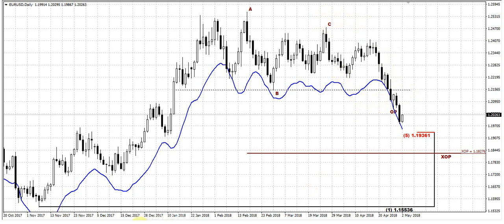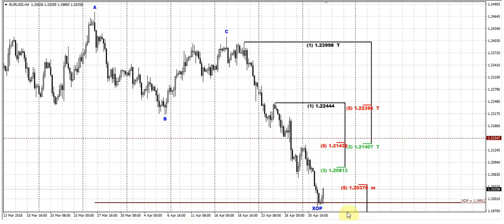On the intraday charts, guys, we right now have, like a nested doll, some similar patterns, but of a smaller scale. So take a look at the 4-hour time frame chart. Here, by the way, is our XOP, that's our fib level that I have talked about. You can see pip to pip, the market has reached it. Now it shows an upward bounce. Take a look at this most recent drop.